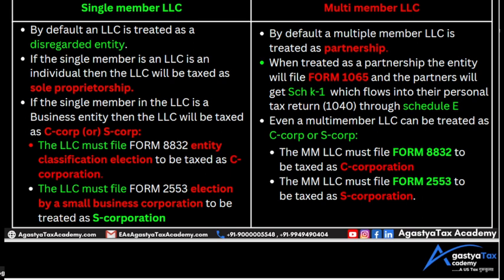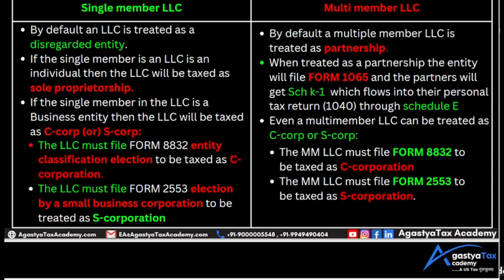First point, the LLC must file form 8832.